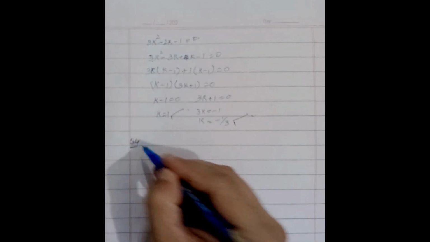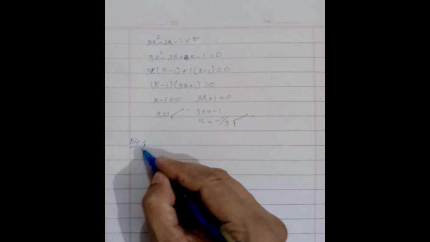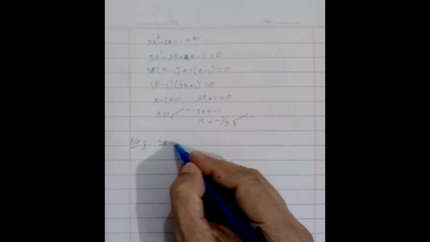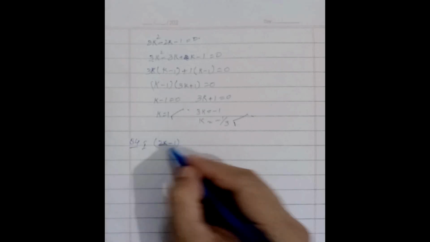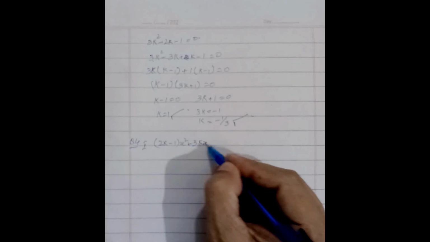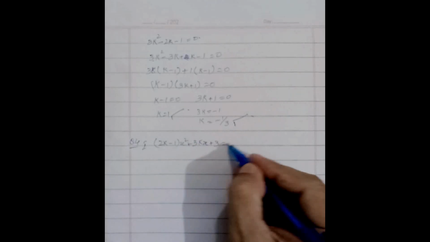The question 4 is, find the value of k if the roots of the equation are equal. Part 1: (2k minus 1) x square plus 3kx plus 3 is equal to 0.